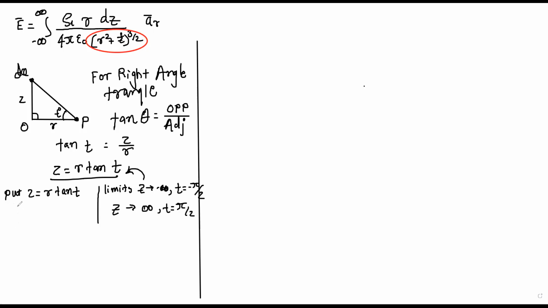So what I'll get is dz is equal to, मी काय केलं याला डिफरन्शिएट केलं विथ रिस्पेक्ट टू टी, r sec square t dt.